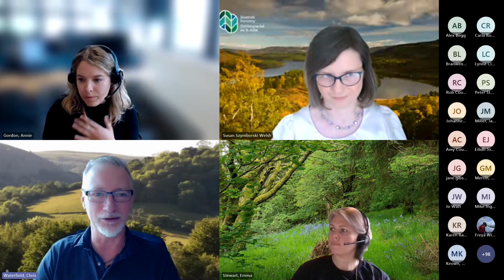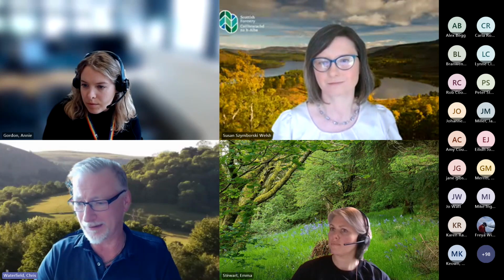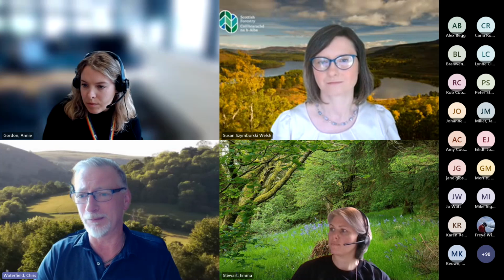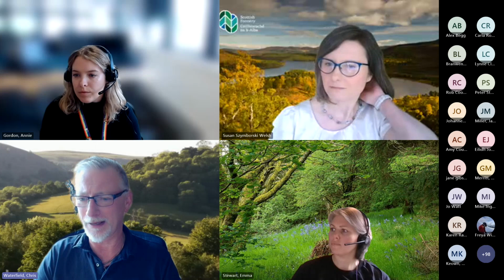I just saw one flash up then, so it's probably the last one in the queue, but I'll take it first because it looked like a nice and simple one. Minimum size, there isn't a minimum size apart from that which is stipulated by our grants at the moment, which is 1 hectare per holding, and in that 1 hectare, the size of a block has to be 0.1 of a hectare.